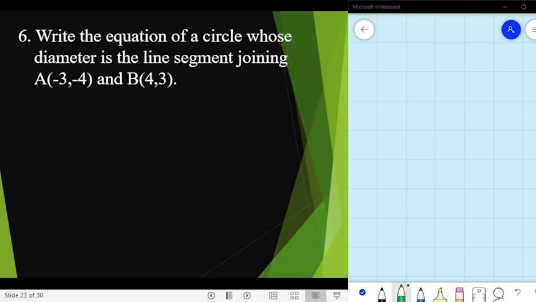So we need to find the center first, and after getting the center, we find the radius. If we are going to illustrate the situation, this is your Cartesian plane.